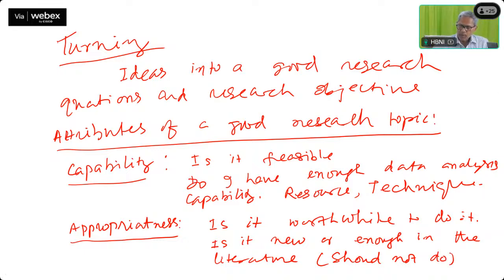In research, you always bring new things to the body of already existing knowledge. So appropriateness is very important. You should not do something somebody has already done, because you are not going to add any new knowledge to that.